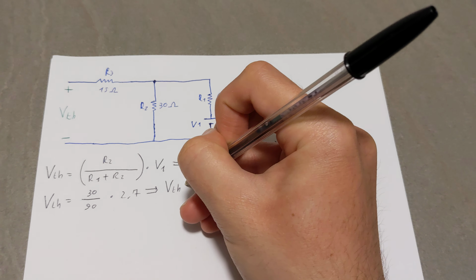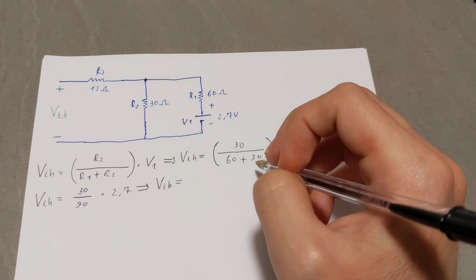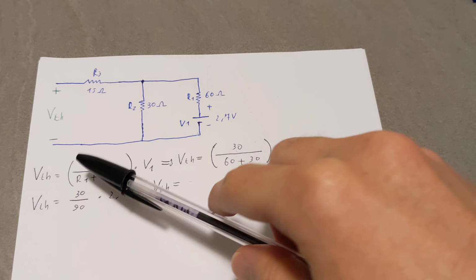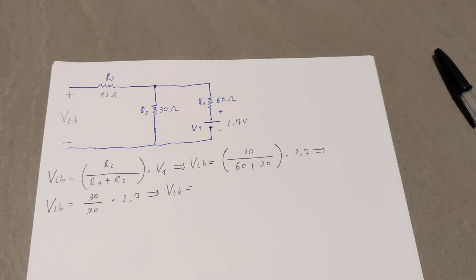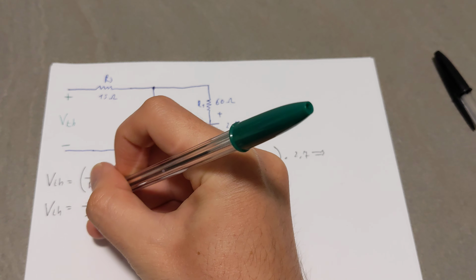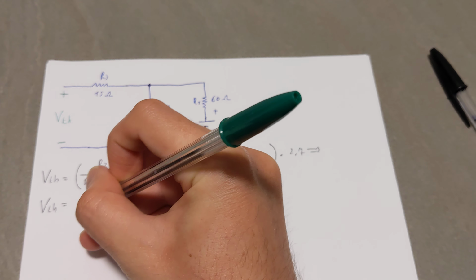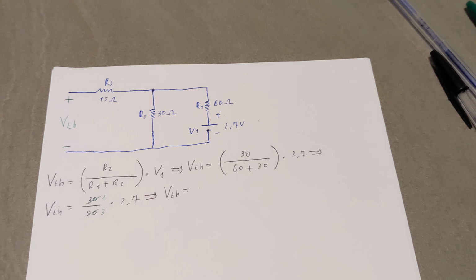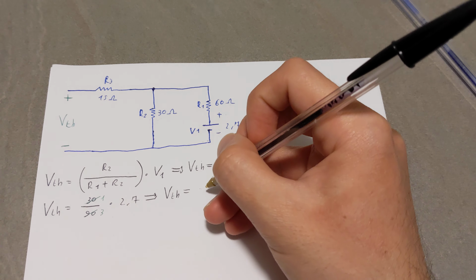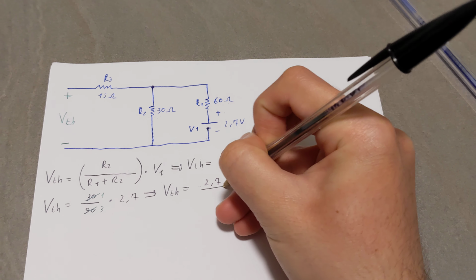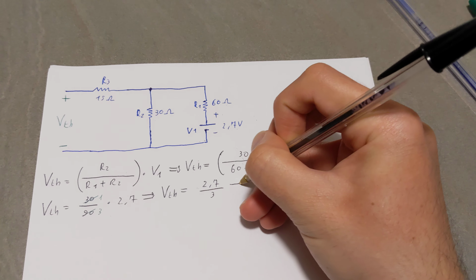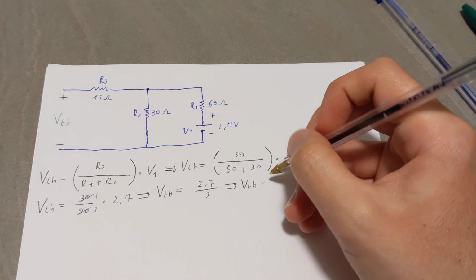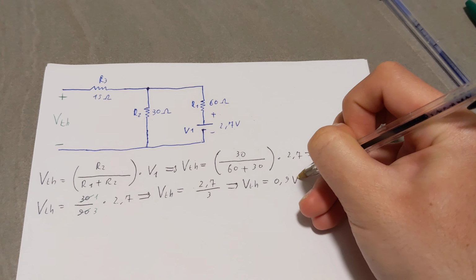So the Thevenin voltage, well, we can actually simplify this, because 30 over 90 is going to be 1 over 3. So in this case, it's going to be easy because all we're left with is 2.7 over 3, and 2.7 over 3 is just 0.9 volts.